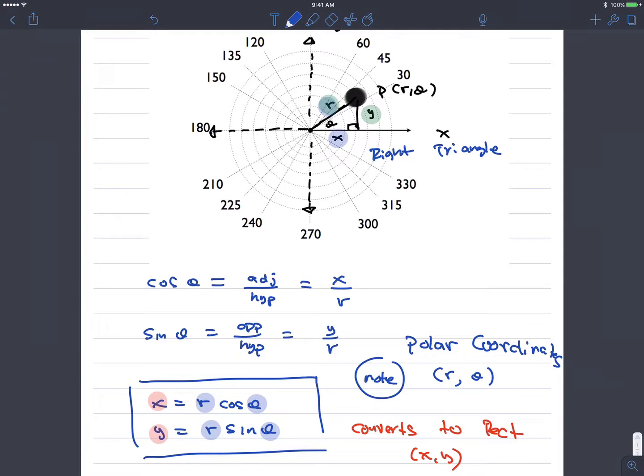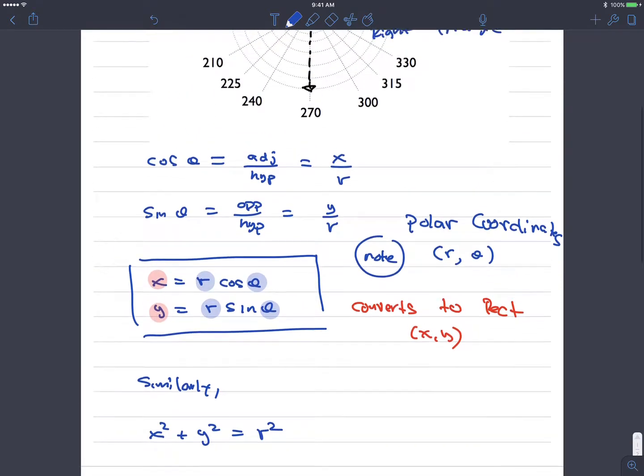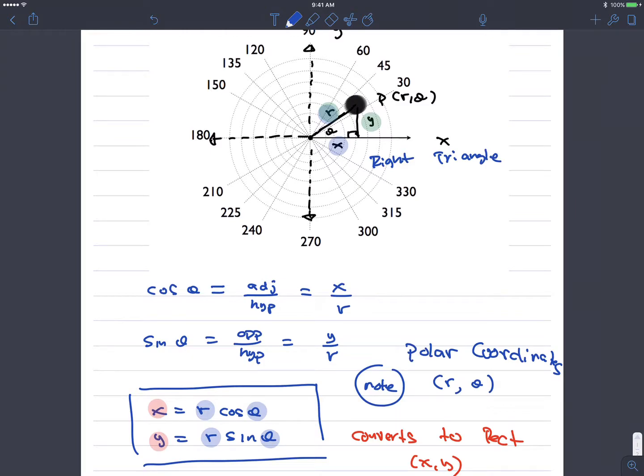And don't we know something very special about right triangles? What's Pythagorean theorem? X squared plus y squared will be what? R squared. That's good. Okay, x squared plus y squared is r squared.